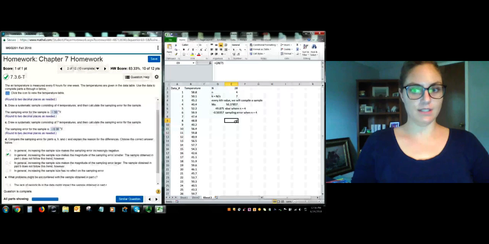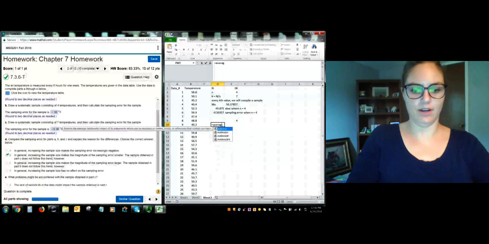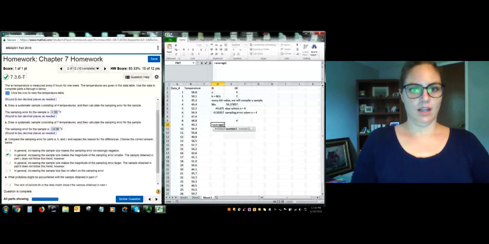So here what this is saying is that for every 4th value, I'm going to need to collect that to comprise this new sample. So let's go equals average and go through every 4th.